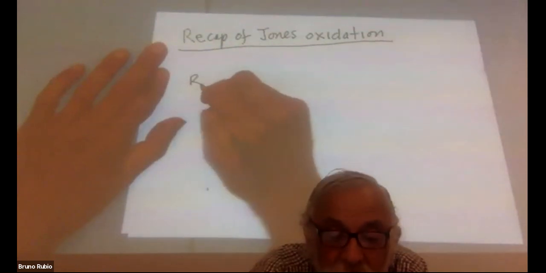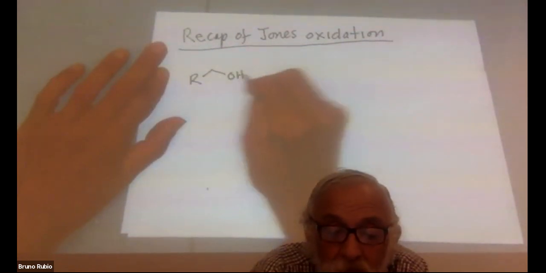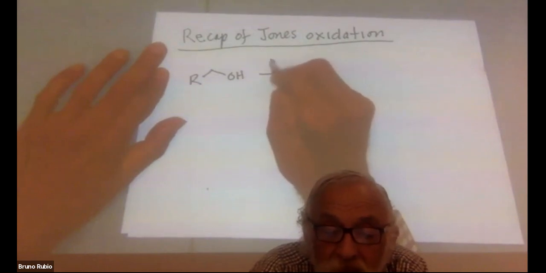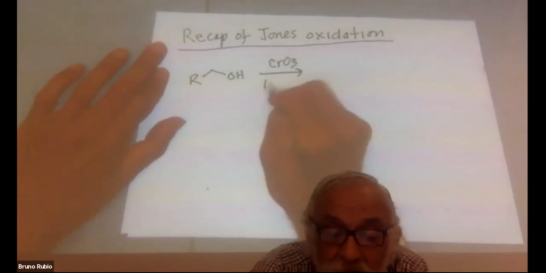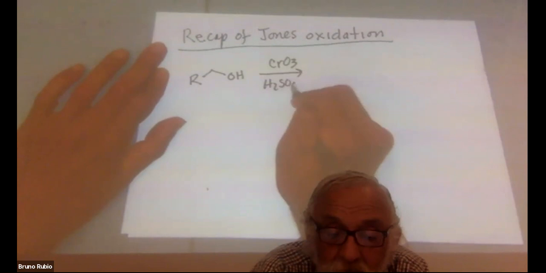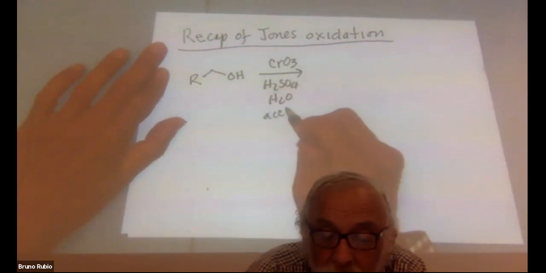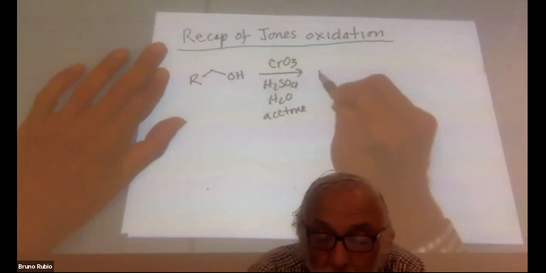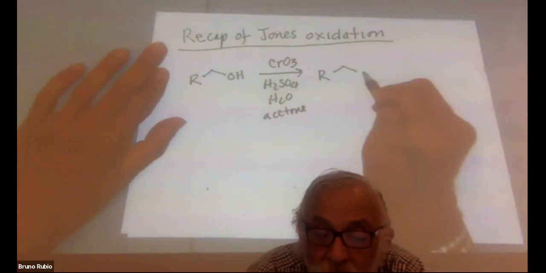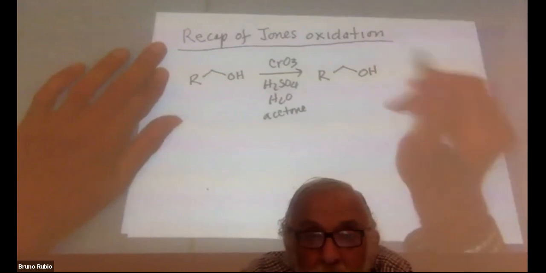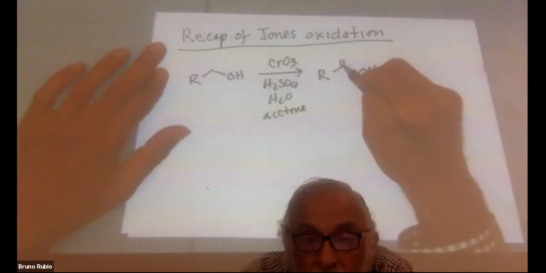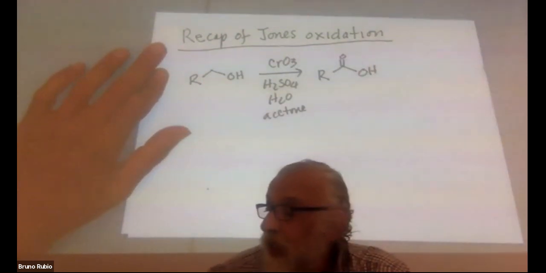We said that if we take a primary alcohol and react that with chromium trioxide, sulfuric acid, water, and acetone, that's the Jones reagent, we'll get oxidation of the primary alcohol to a carboxylic acid.